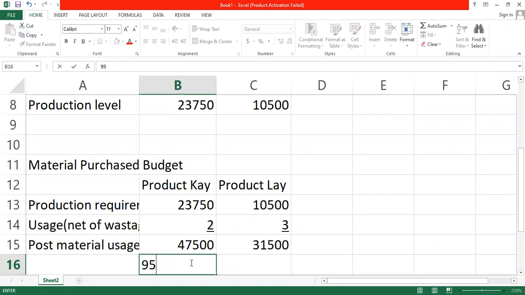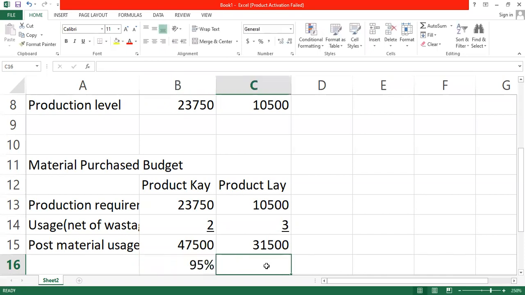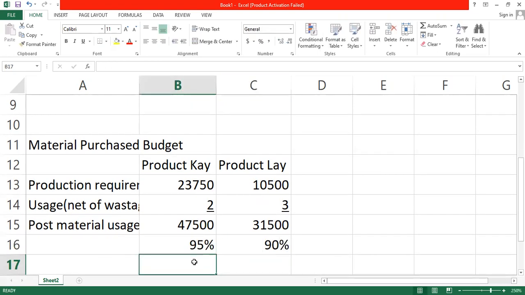And the last one, product B, represents 90%. So if you want to get 100%, what do we do? If 95 is equal to 47,500, 100 is equal to what? Then we divide by 0.95, isn't it? Yes.